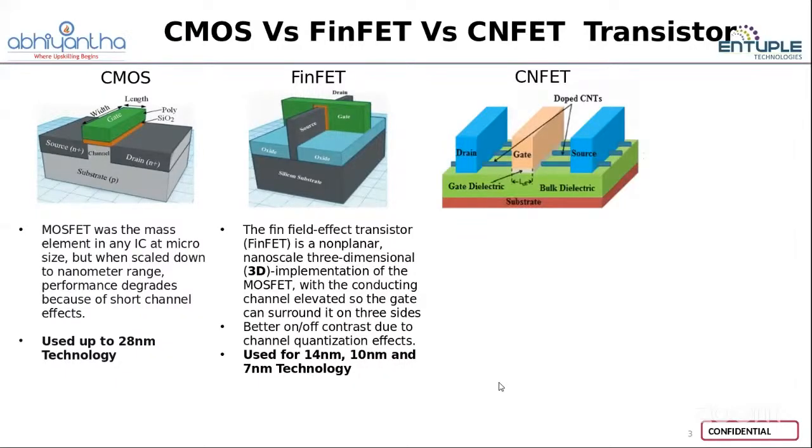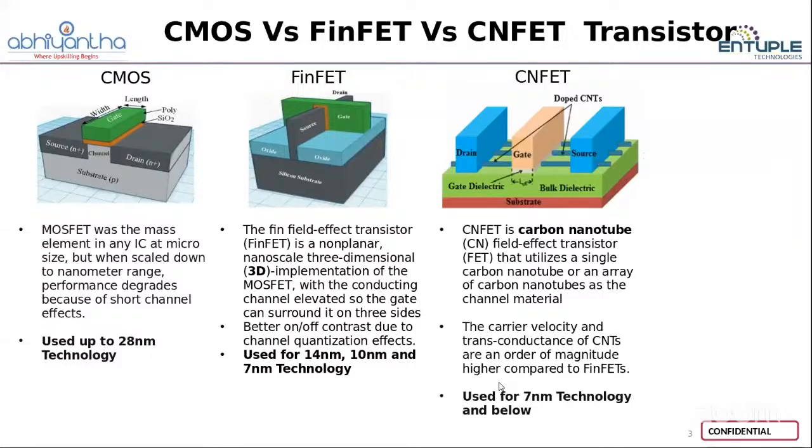We have another alternative device, the CNFET, the carbon nanotube FET. Below 28 nanometer, both devices, FinFET as well as CNFET, are available.